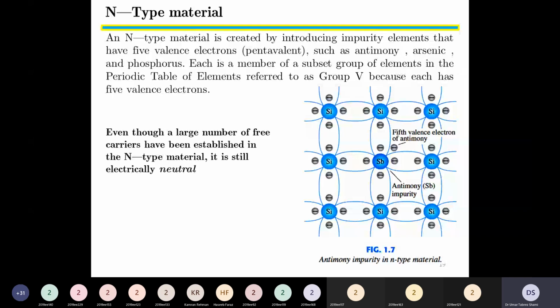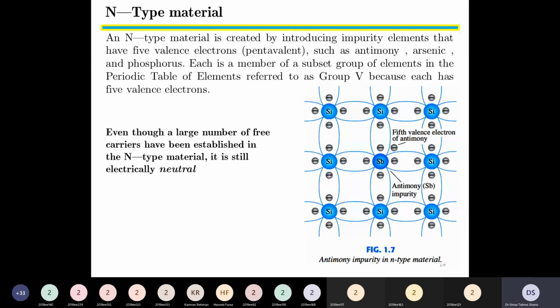Right. Now we have the N-type material. An N-type material is created by introducing impurity elements that have 5 valence electrons, normally called pentavalent atoms. For example, antimony, arsenic, and phosphorus. Each is a member of group 5 of the periodic table.